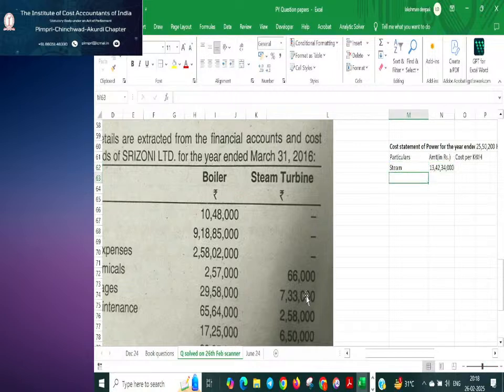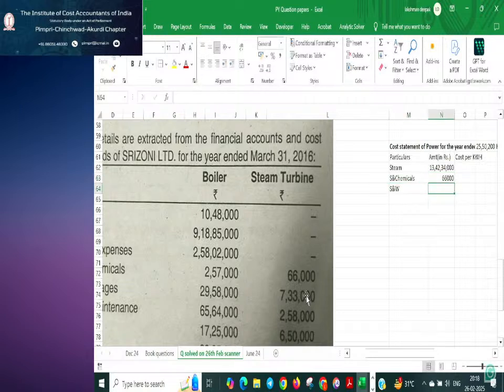Okay, apart from that I'll copy it from the question. Stores and chemicals, which is coming to 66,000.